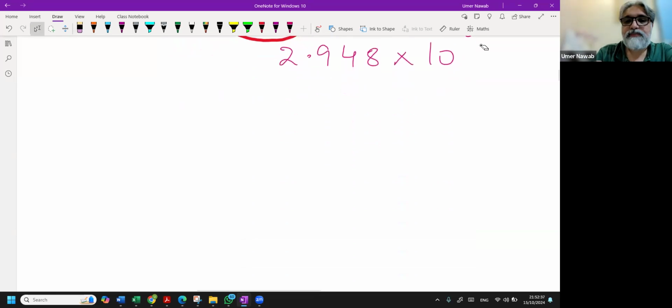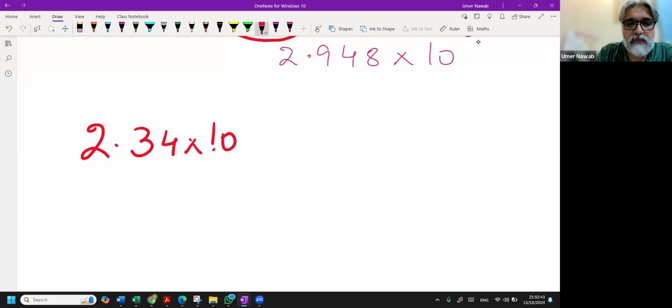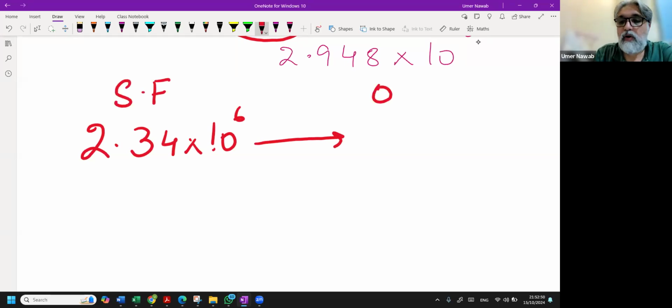Sometimes in the exam, he gives you a number 2.34 times 10 raised to the power 6. And he says, can you convert this standard form to the ordinary form? It's pretty simple. Standard form to the ordinary form.